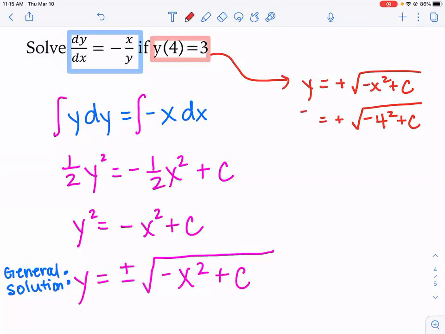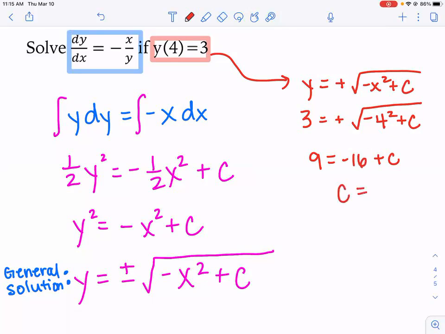Let me fix that. How do I solve for c? Square both sides. Sounds good. I guess I can just write this as 16, huh?